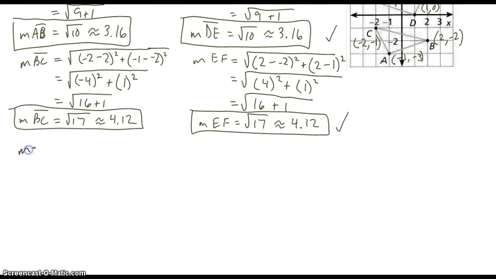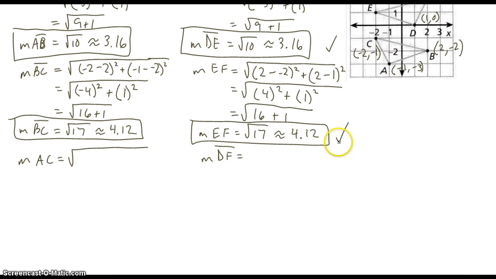I need to make sure that the measure of AC is equal to the measure of DF. So I'm going to find the distance of AC. So I'm going to have negative 2 minus negative 1 squared plus negative 1 minus negative 3 squared.